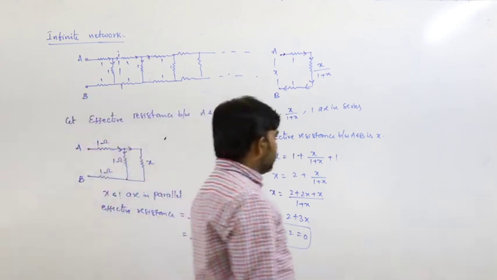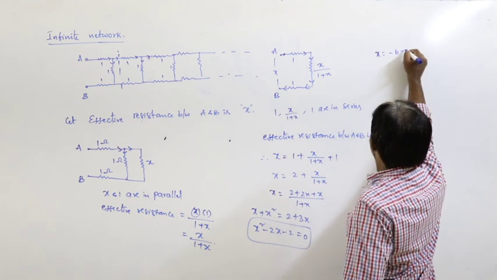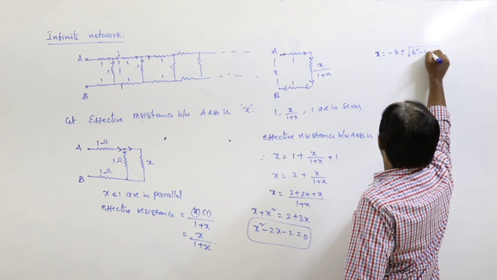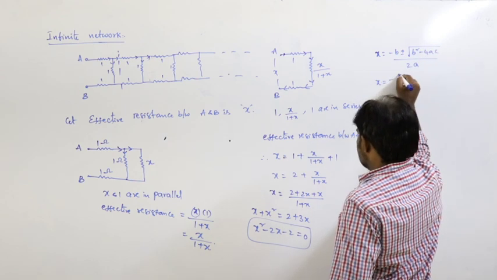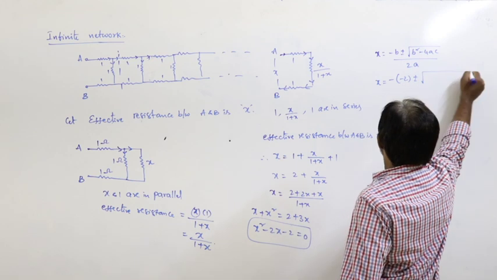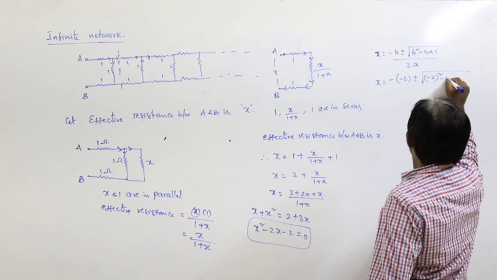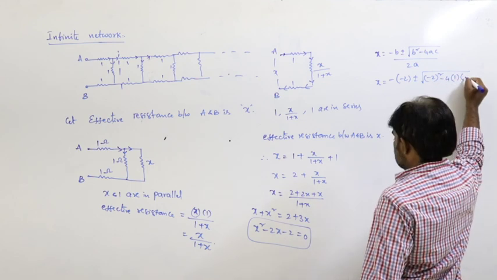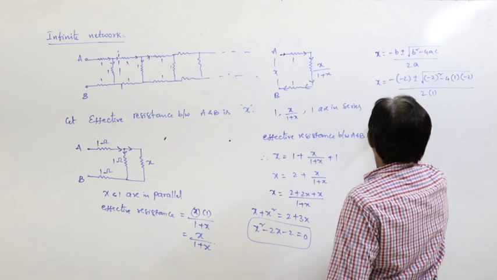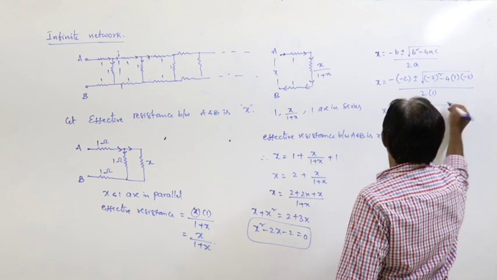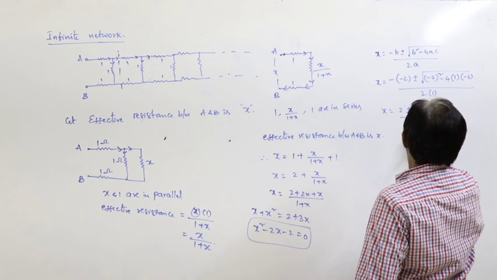How can you solve this quadratic equation? Roots: x equals, by the general formula, minus b plus or minus square root of b square minus 4ac, divided by 2a. So x is equal to minus of minus 2 plus or minus square root of (minus 2) whole square minus 4 into a is 1, c is minus 2, divided by 2 into a is 1. x is equal to 2 plus or minus under root 4 plus 8, by 2.